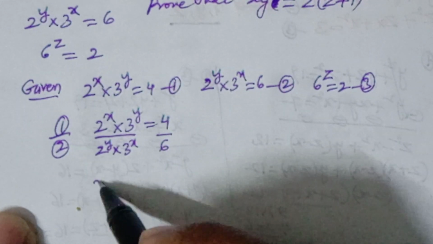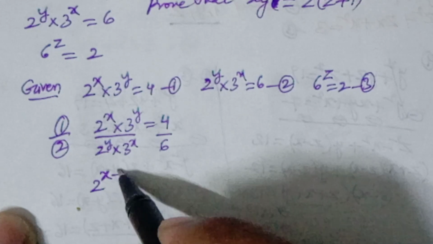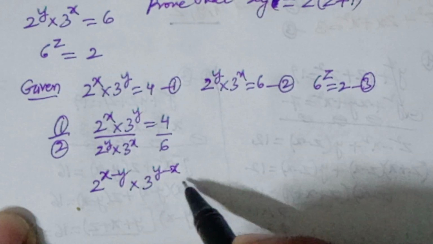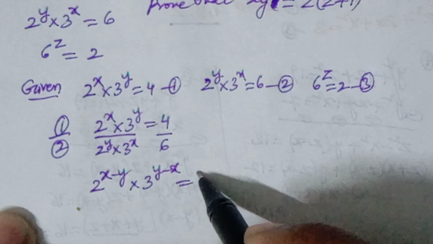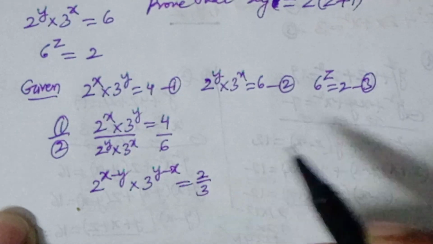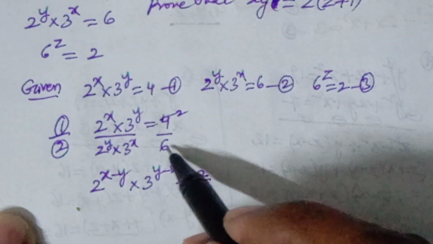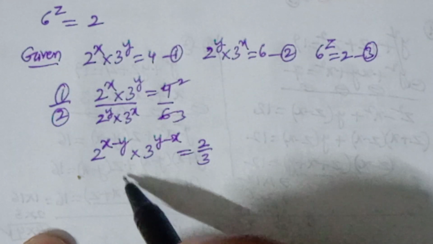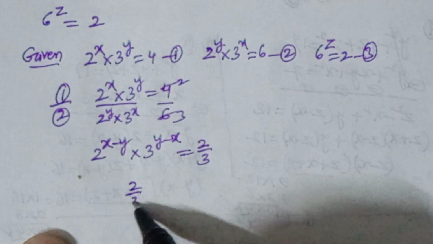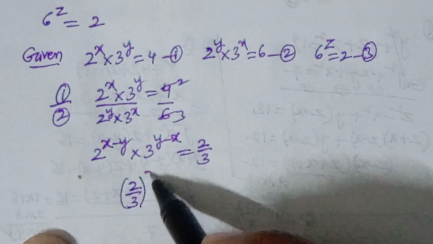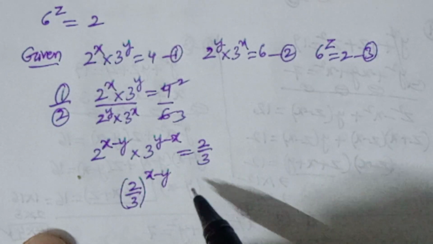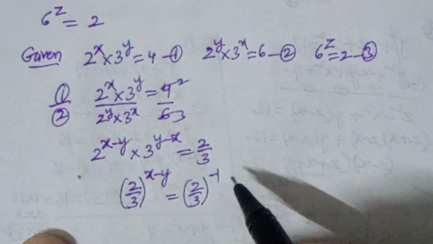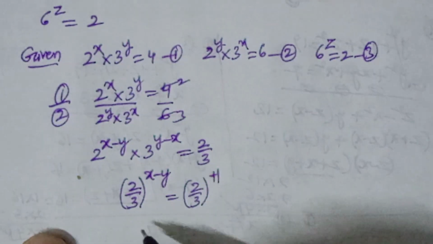So here what will we get? 2 to the power of x minus y times 3 to the power of y minus x is equal to, here 2 twos cancel, you will get 2 by 3, 2 times, here 2 threes, 3 times, 2 by 3 will get. So here you can write it as 2 by 3 whole to the power of x minus y is equal to 2 by 3 whole to the power of positive 1.